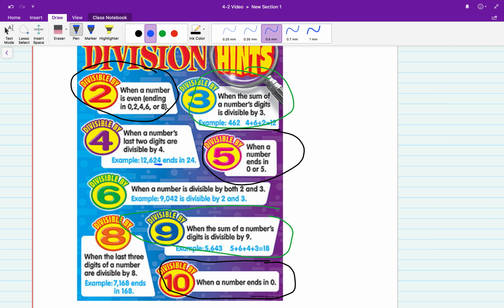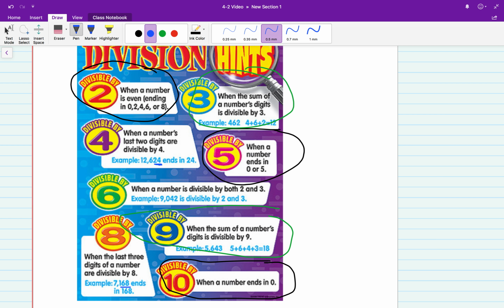If it works for 24, it works for the whole number. For 8, you have to look at the last 3 digits. Again, no adding, do not add. So if it works for 168, then it works for 7,168. Doesn't matter what comes past that hundreds place. And for the 4, it doesn't matter what comes past the tens place.